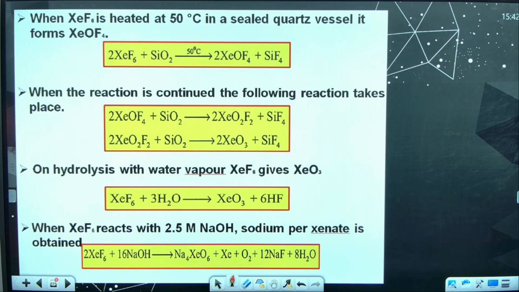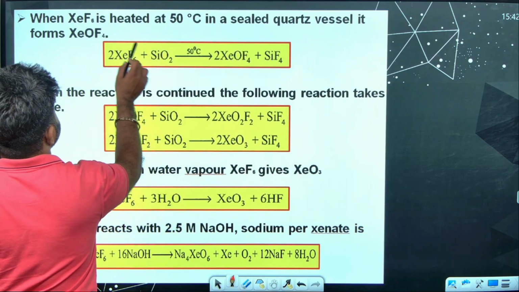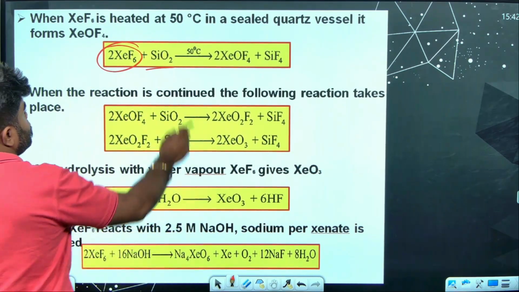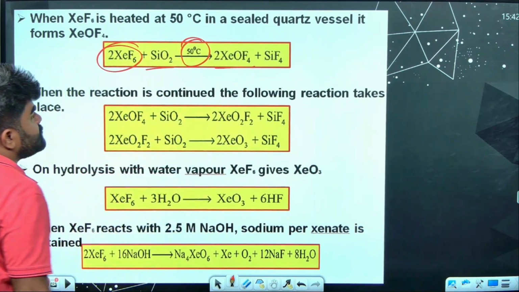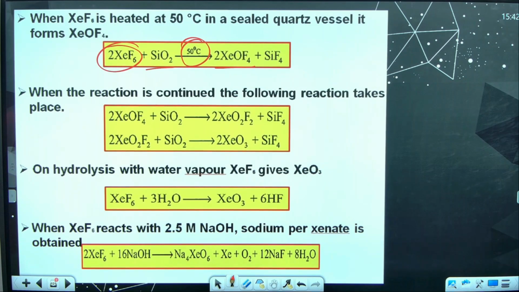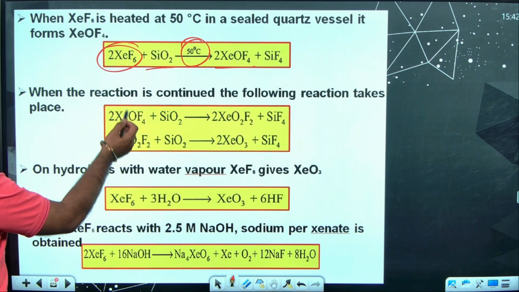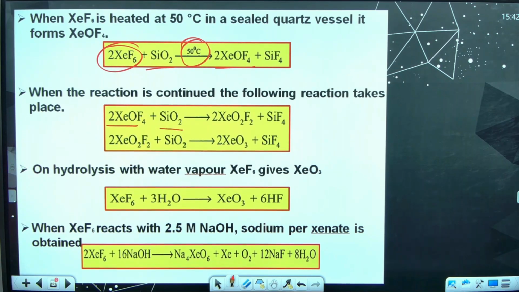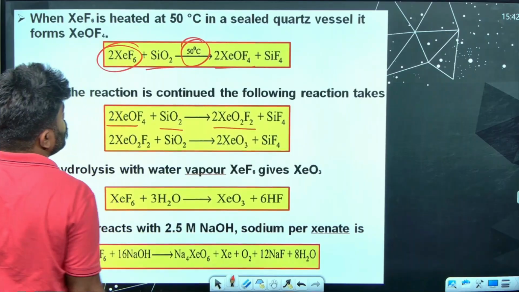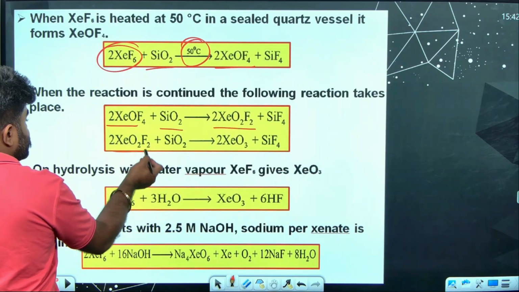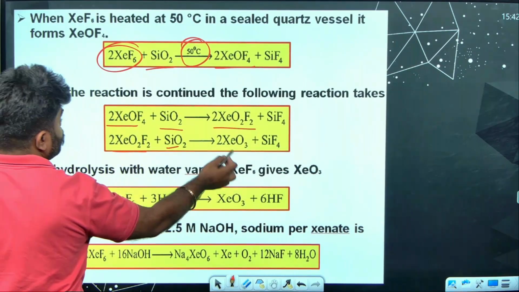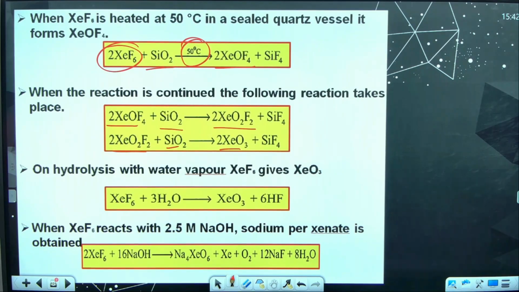And further, if xenon hexafluoride is heated with SiO2 at 50 degrees Celsius, it forms xenon oxytetrafluoride. Then when this reaction is continued with SiO2, you get XeO2F2. This XeO2F2 again with SiO2 forms XeO3.